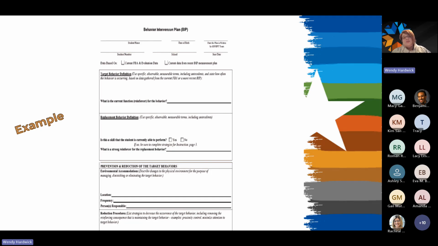So you need to include your feedback on, is this feasible? The intervention that the team might be discussing, is it something that is feasible and can happen in your classroom? Is the way that they want to collect data a way that's going to be realistic in your classroom?